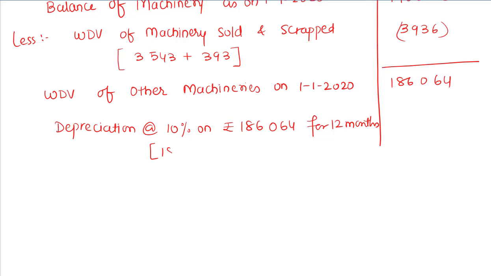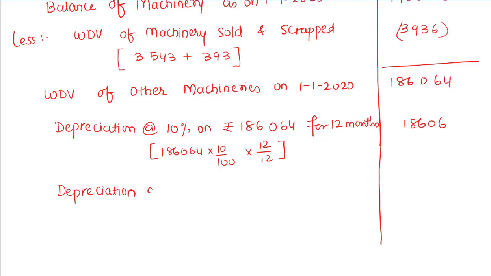So over here for 12 months we need to calculate 186,064 multiplied by 10% into 12 by 12. This comes to 18606.